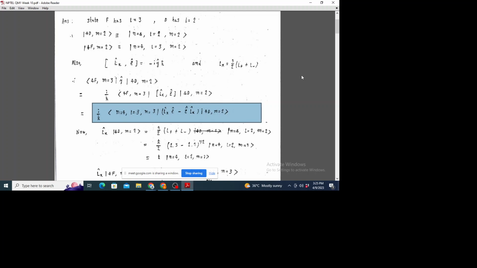So we will write Lx in terms of L plus and L minus so that we can exploit those properties.